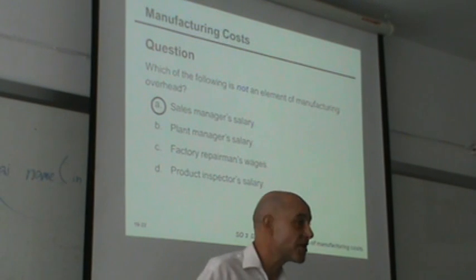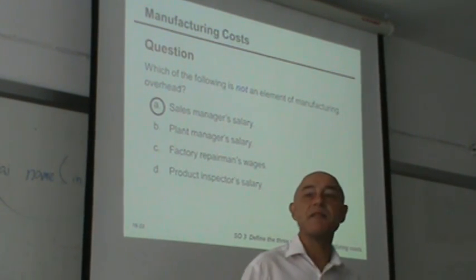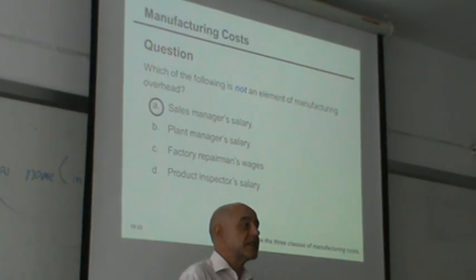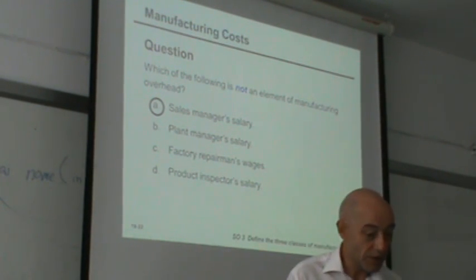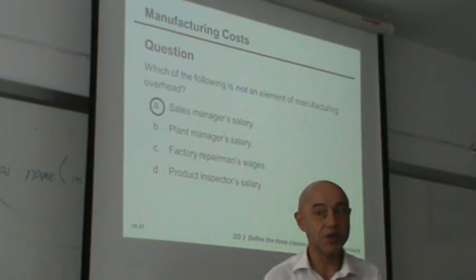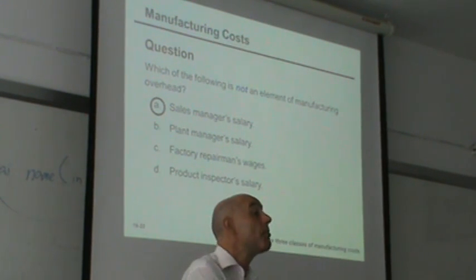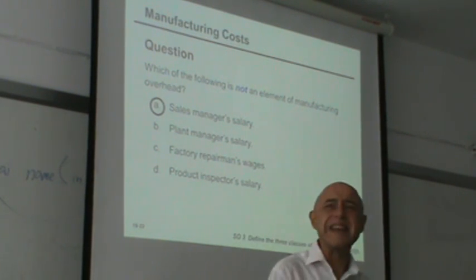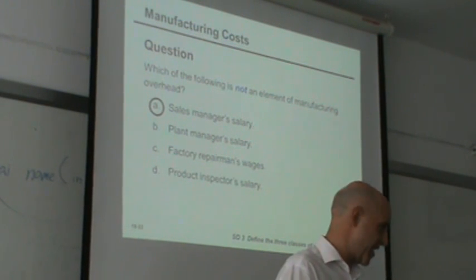Sales manager's salary, okay? So, again, it's very tricky. If the salesperson, you can associate him with a particular product or with a particular car, you can say that salesperson's work is part of that particular car. But usually, sales, we think of as overhead.